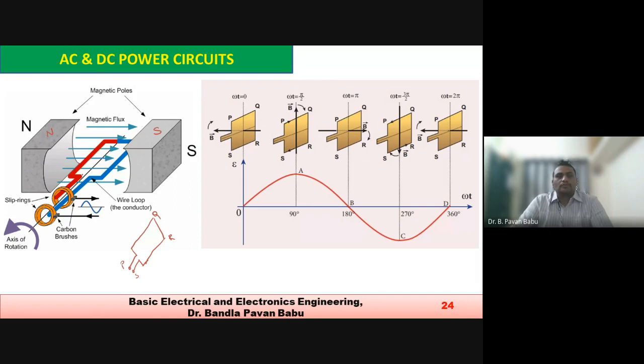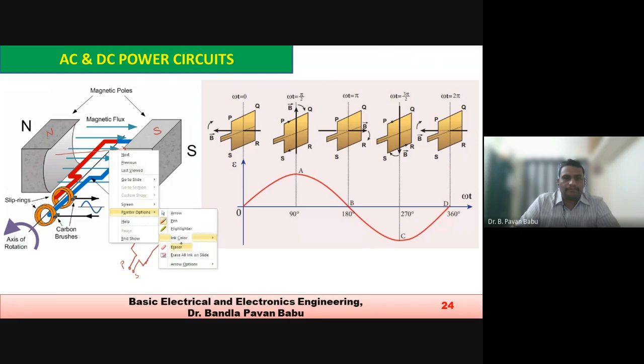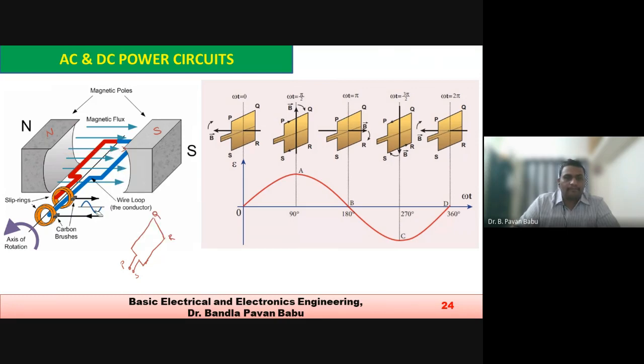Initially we know that the magnetic field travels from the north pole to the south pole, like this. When this conductor is placed in this magnetic field, actually it should be a varying magnetic field, which is also important.